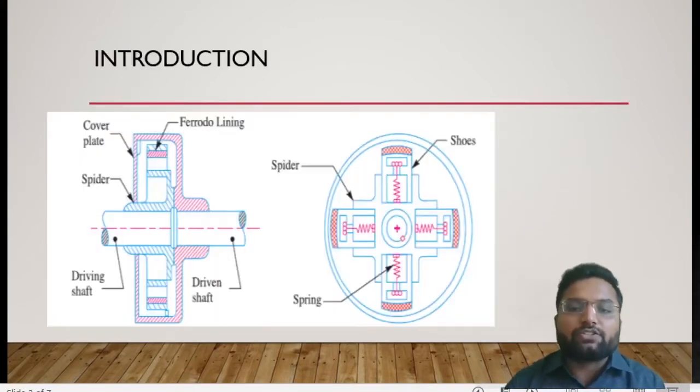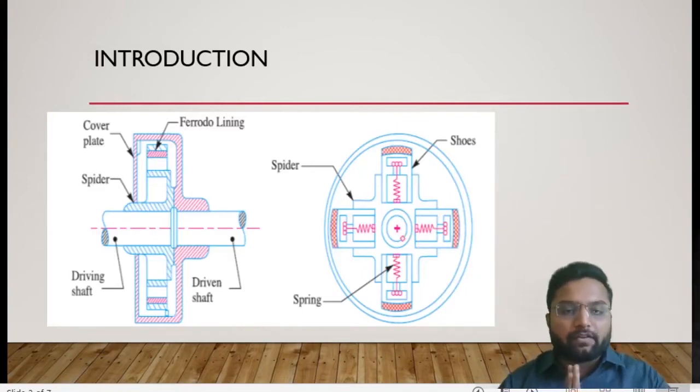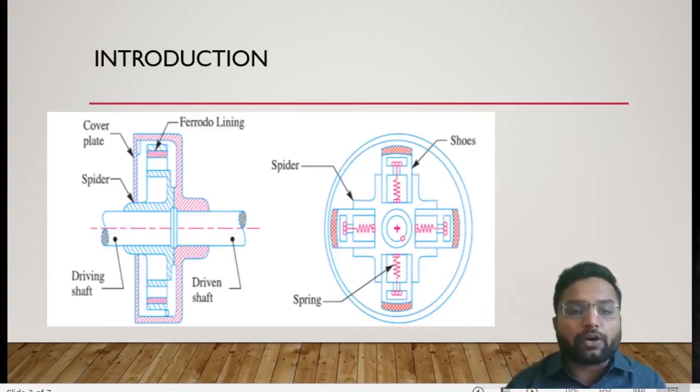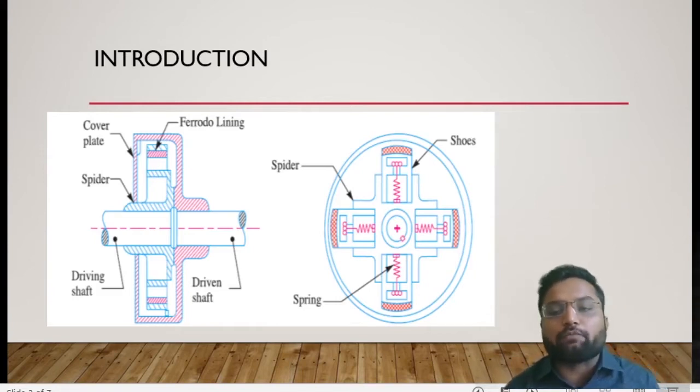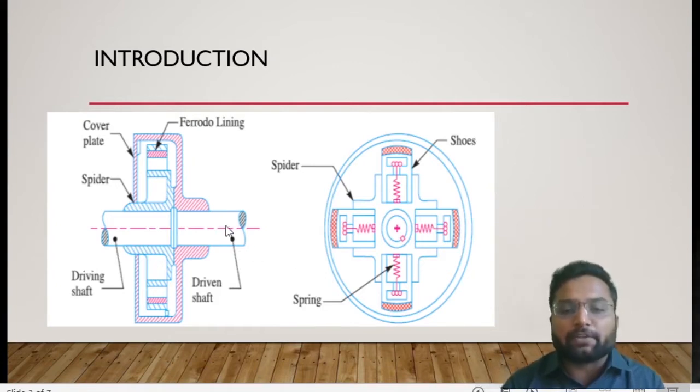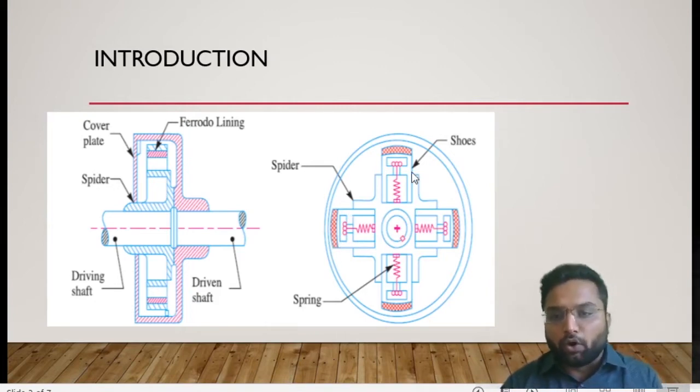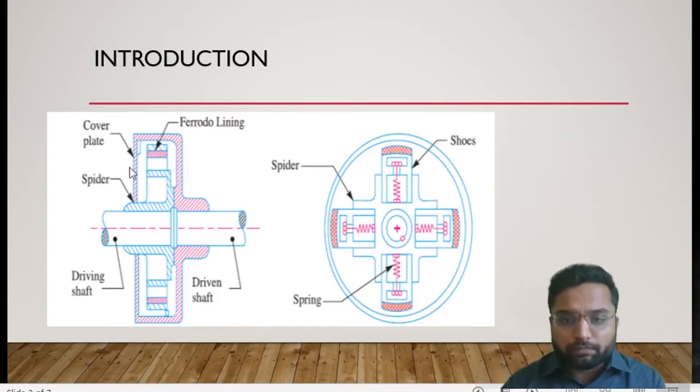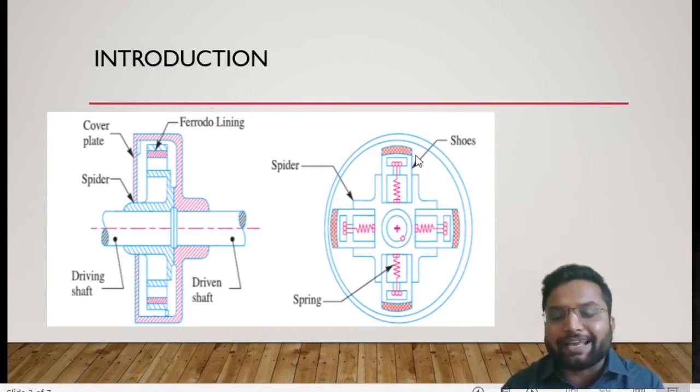In a centrifugal clutch, our rotating element is rotating, and due to the centrifugal force, here we can see the spring loaded mass, which is connected to the center through springs, and the ends are loaded with the mass which has lining or frictional lining at the end.